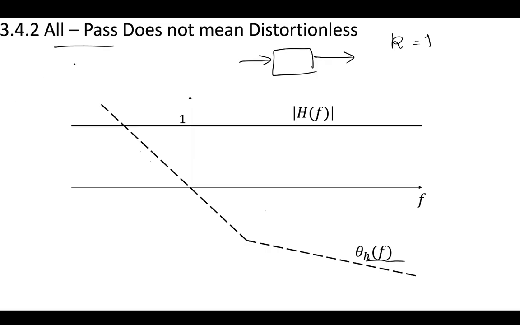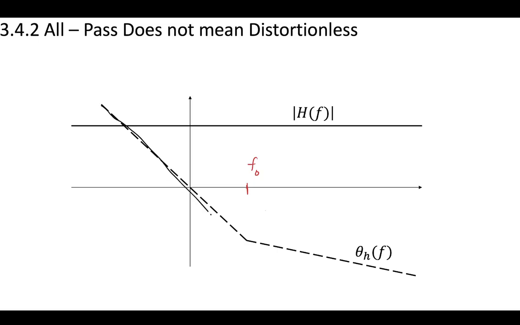Let's see that all pass systems are not necessarily distortionless. If we have this all pass system where the phase response has a bend, kink, or twist at some frequency f naught, we can see that there is one slope below that frequency, and right at f naught we have a different slope.